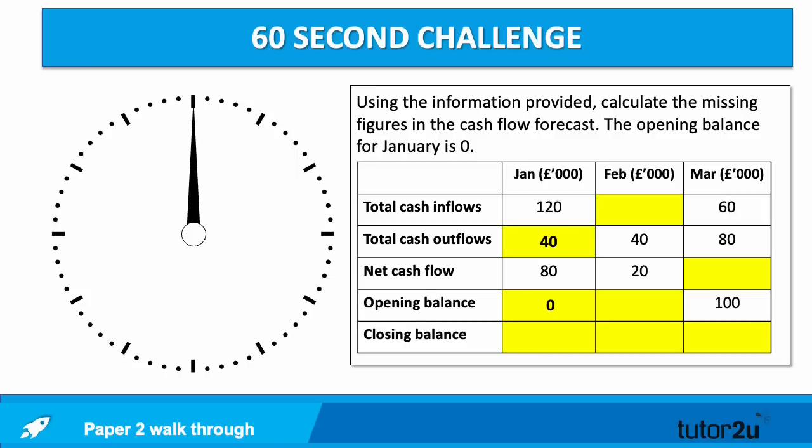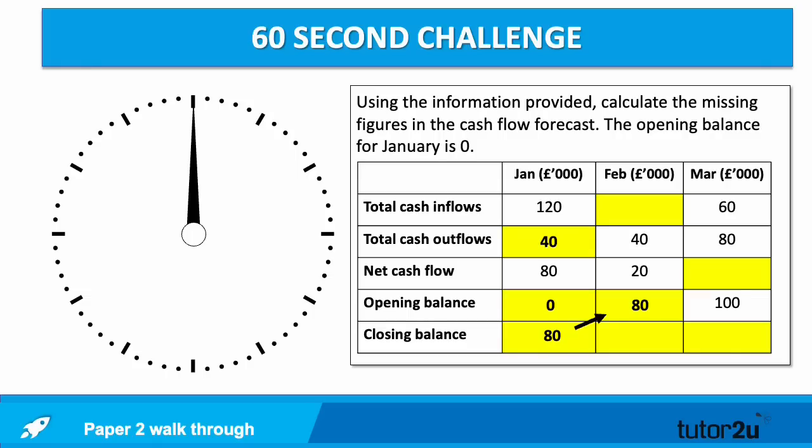The closing balance is calculated by adding the net cash flow to the opening balance. So in this instance, that will be £80,000. The closing balance for January automatically becomes the opening balance for February. So that's worth bearing in mind. So that £80,000 is just transferred across to February.